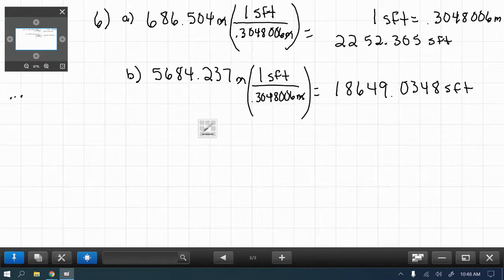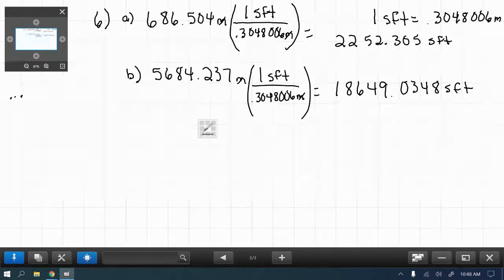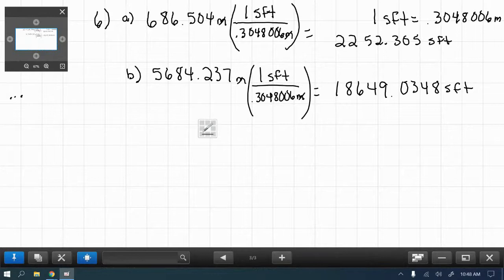686.504 divided by 0.3048. I got the right conversion in there. I got what they got for the first one. That's 365 or 305? 305. It's 2,252.305. Second one, 5684.2.